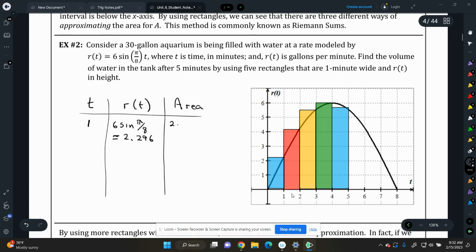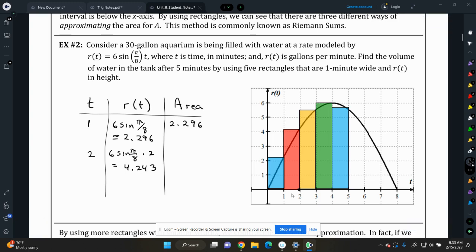So my area is 2.296. The next rectangle, when t is 2, it's going to be 6 times the sine of pi over 8 times 2, which comes out to 4.243.